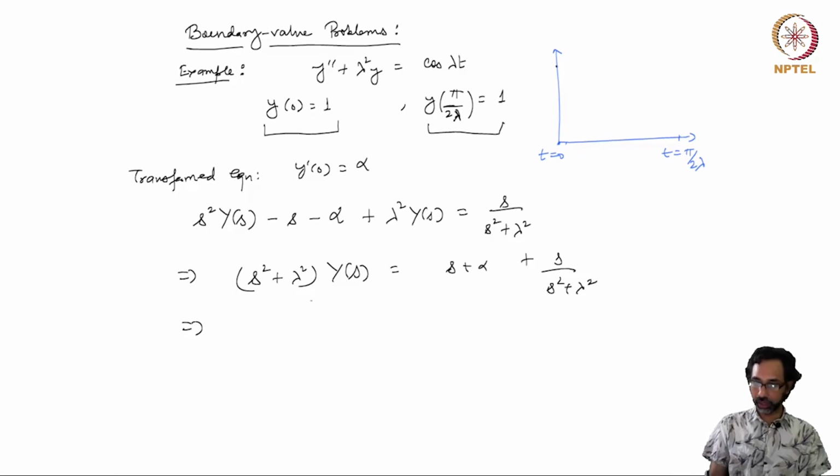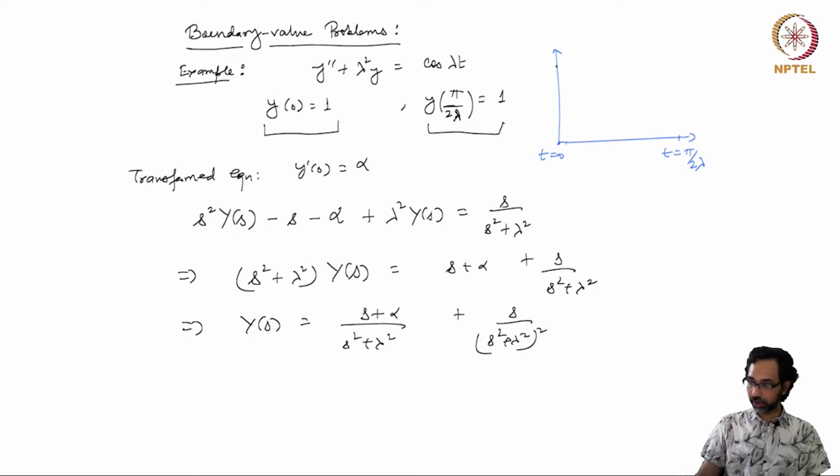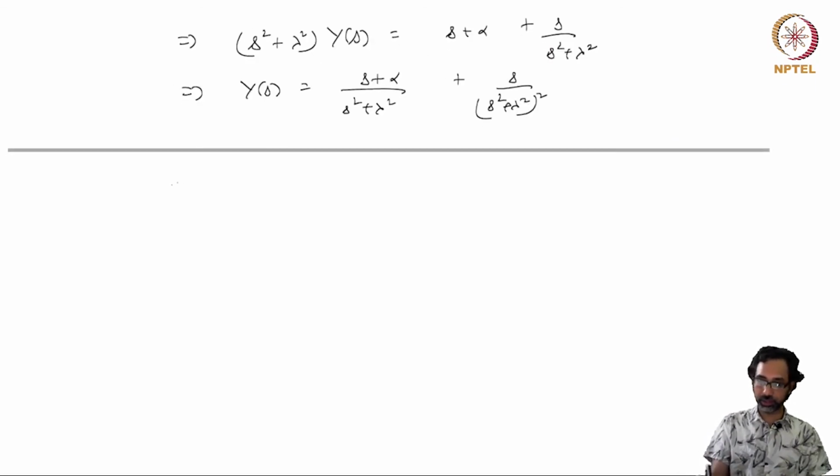Now if you take s square plus lambda square to the right hand side, this is (s plus alpha) by s square plus lambda square, plus s by (s square plus lambda square) whole square. And now we can try to invert this Y(s).